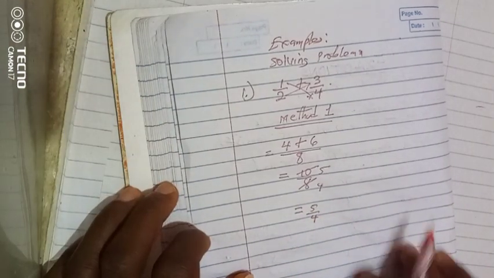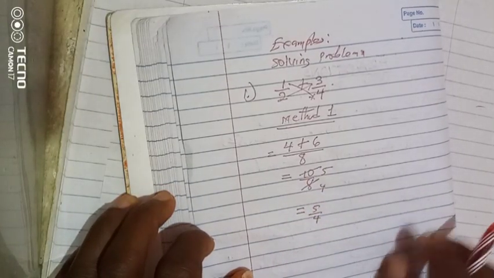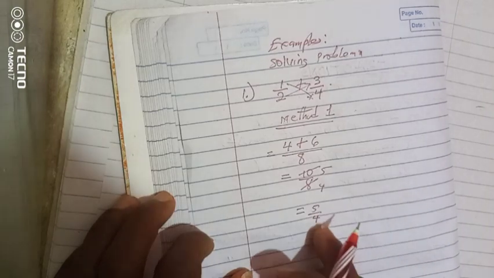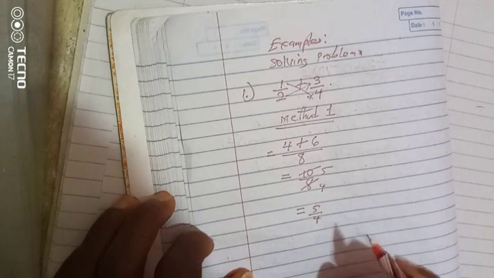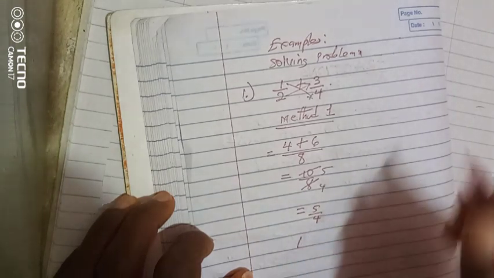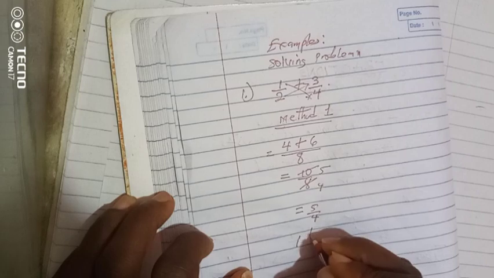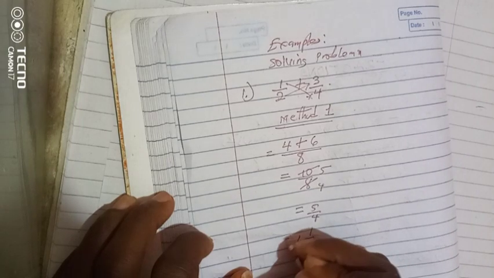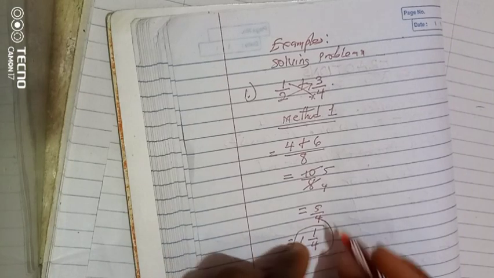You can still reduce it into a mixed fraction, because this fraction is improper. So you can simply divide. You say 5 divided by 4 equals 1 time. 1 times 4 is 4, so 5 minus 4 is 1. So it becomes 1 all over 4. So that is 1 whole number 1 over 4.